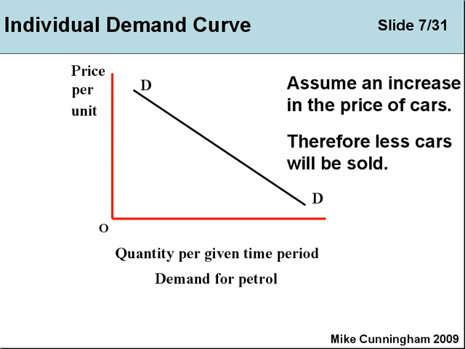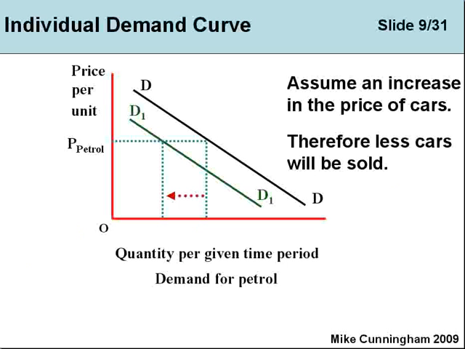Now, if we trace through the logic of these diagrams, what's likely to be the case is that the demand for petrol will shift inwards as the price of cars increases. So the price of petrol, let's say, is fixed at this price here. Originally, the quantity demanded was over here.